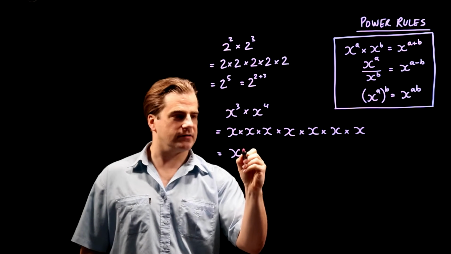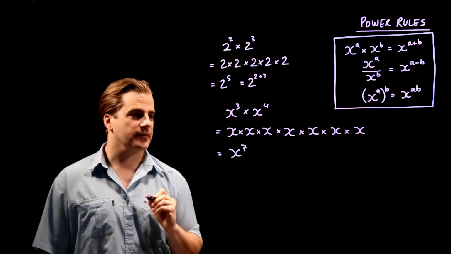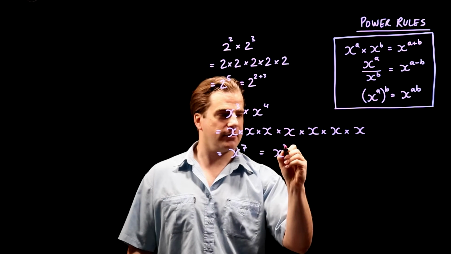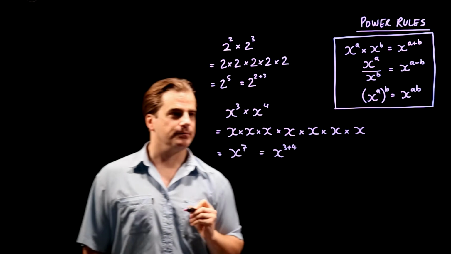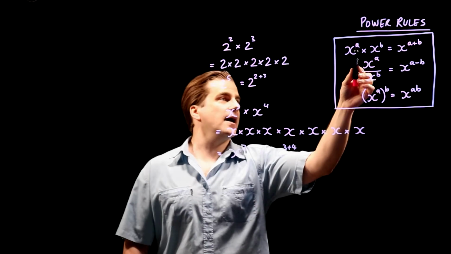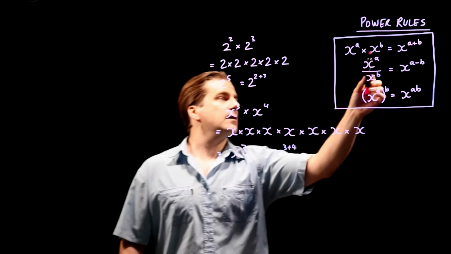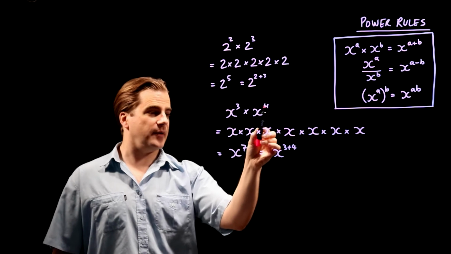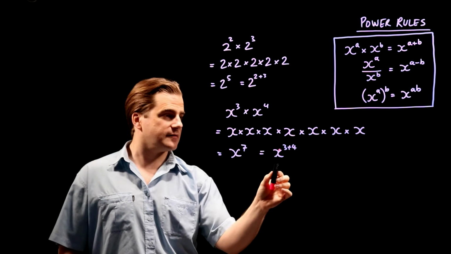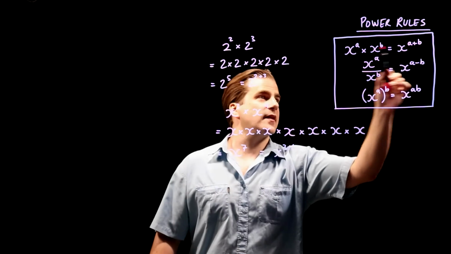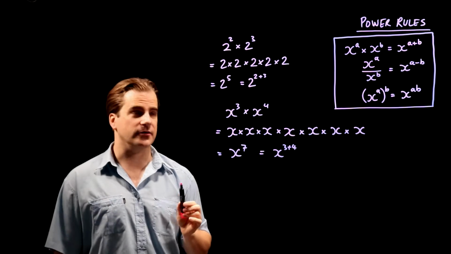Yeah, it works. X to the power of 7, which is 3 plus 4. X to the power of 3 plus 4. So it works, the rule works. In this case, A was 3 and B was 4. So we've got x to the A times x to the B is x to the power of A plus B, which is x to the 7. Okay? So that's the multiplication rule. You add the powers when multiplying.